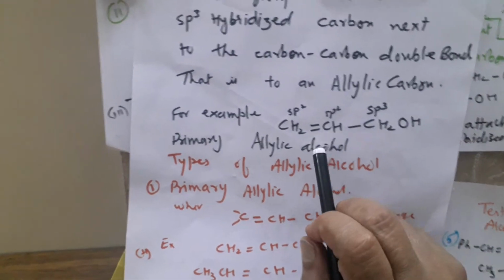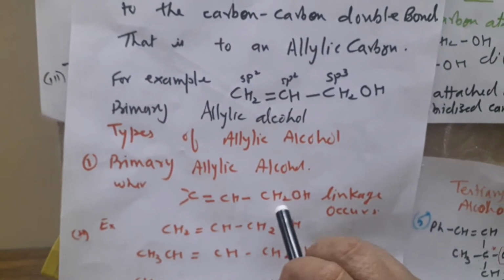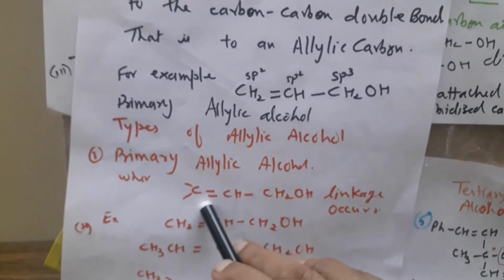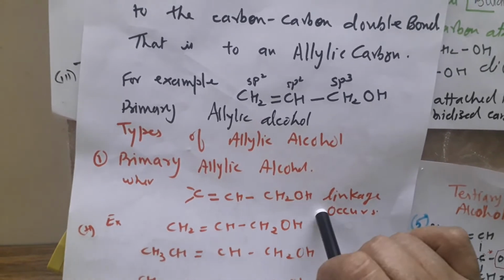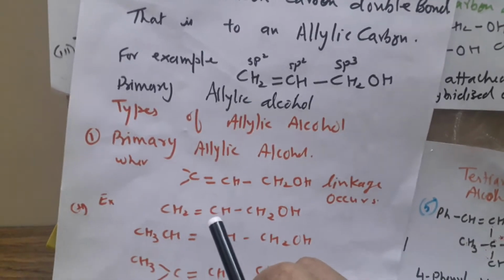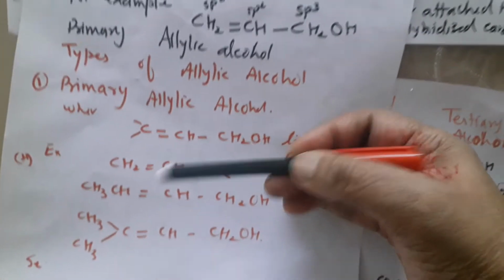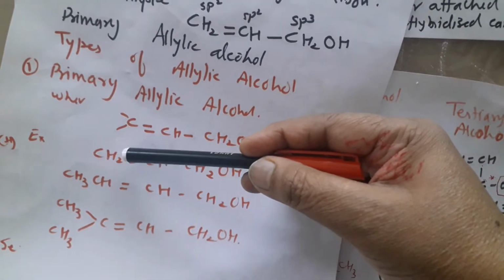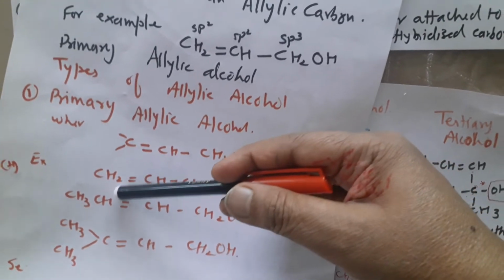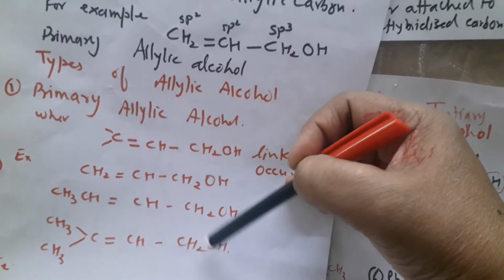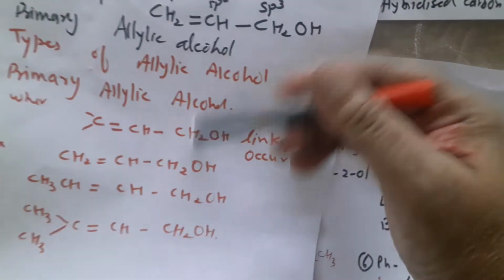For primary alcohol, when there is a CH2OH grouping, the rest we will not worry about. We have to see the C=C, CH2OH grouping. Here I have written 2-3 different examples. I replaced one H from CH3, no need to worry. We are watching the C=C, CH2OH grouping, so this is allylic alcohol.